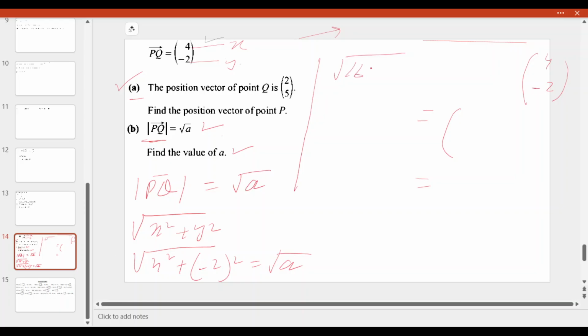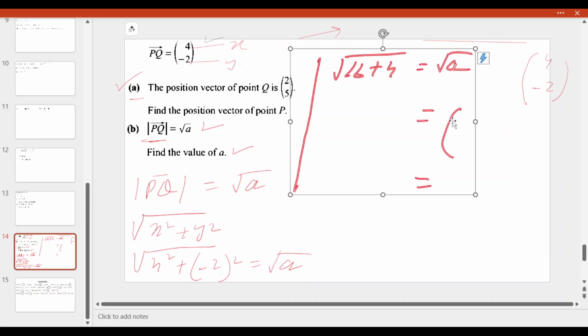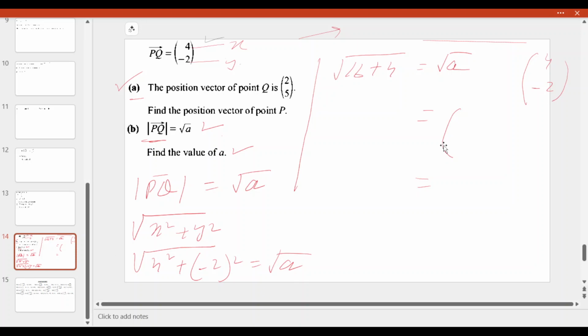4 squared means 16, (-2) squared means 4, under the root. So we can write this as the square root of A equals the square root of 20.